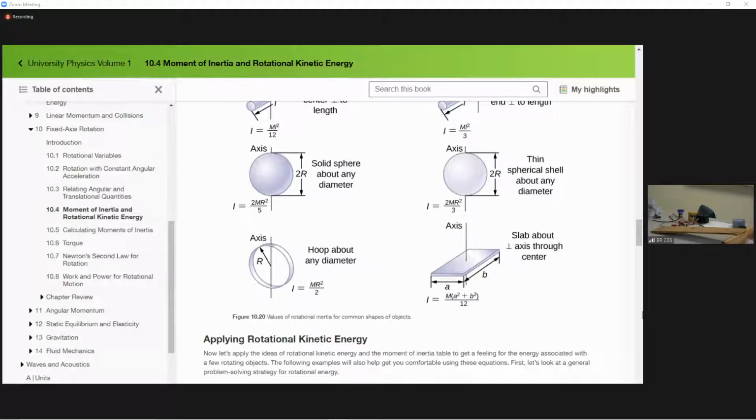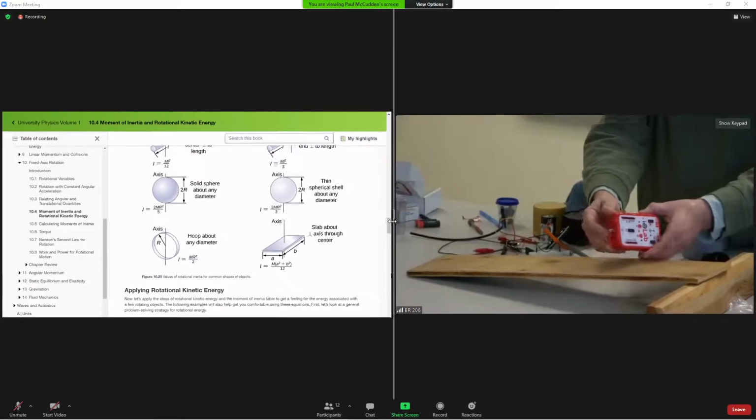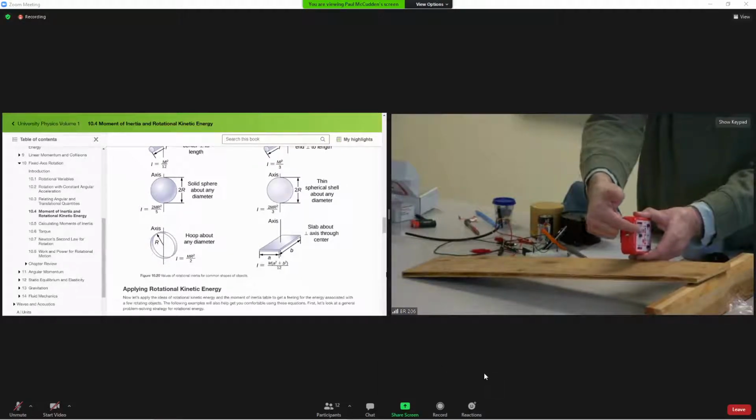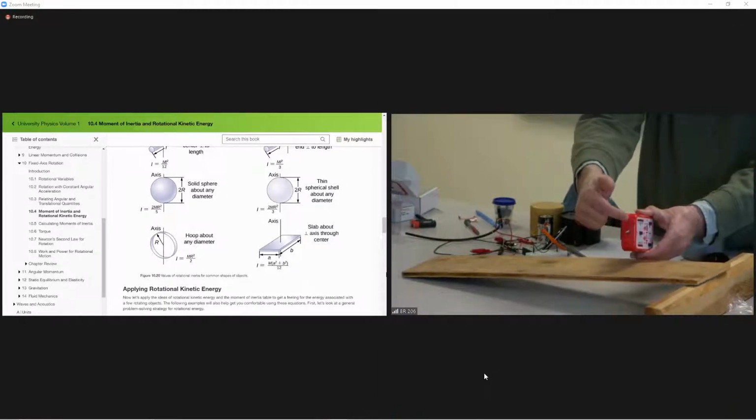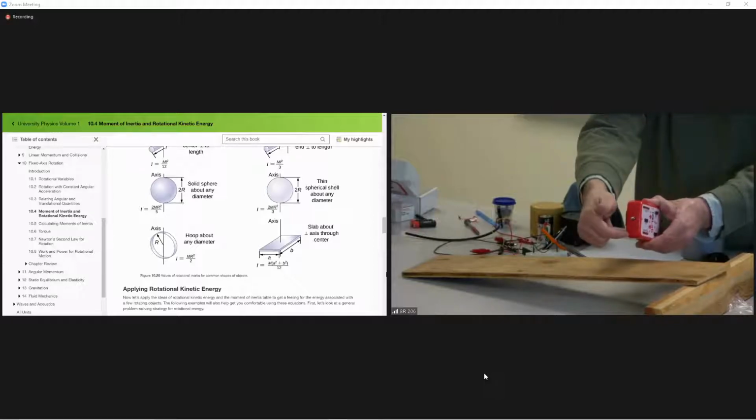The moment of inertia of a slab rotated about its center is 1/12 m times the sum of the squares of the two dimensions that are perpendicular to the axis of rotation. So in the case of our iOLab, the theoretical moment of inertia is 1/12 mass of the iOLab times the square of the thickness of the iOLab plus the square of the width of the iOLab.